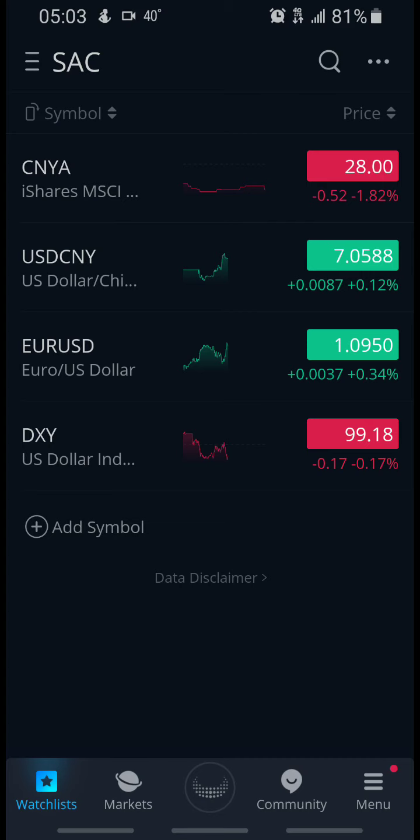And it's at 99, so 99.18. So I mean, that's the story of the day right there. If the US dollar is at 99, how is the Euro USD gaining against it? How is the USD CNY renminbi gaining against it?